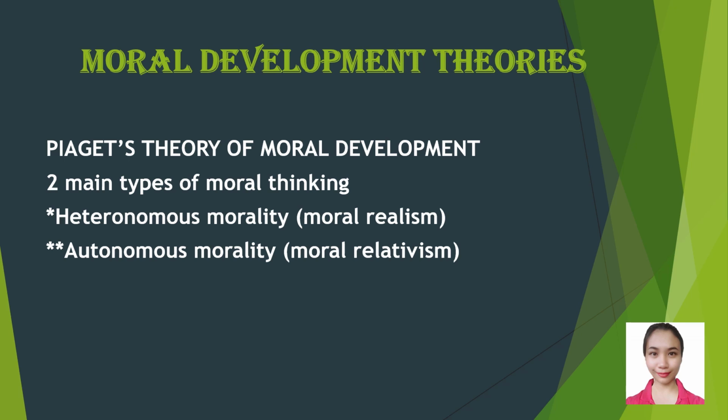So there are rules in the religion where they belong, which kapag binali na nila yung mga rules na yun, mayroon ding immediate punishment regarding their religion. So, during this stage, children consider rules as being absolute and unchanging, or divine-like. They think that rules cannot be changed and have always been the same as they are now.